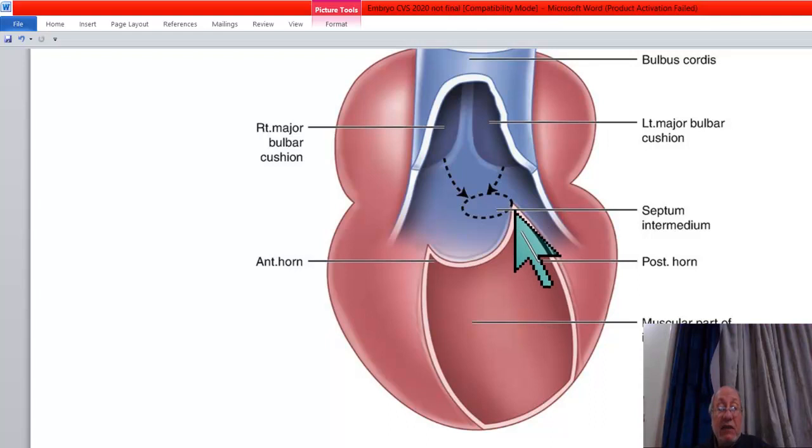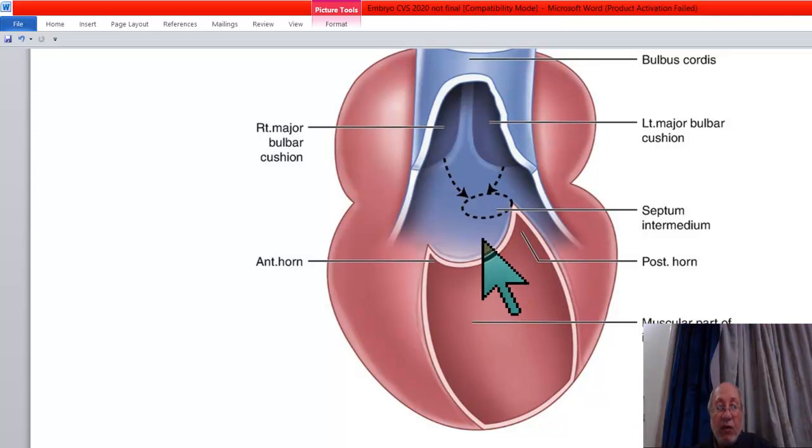It has a free crescentic cranial or cephalic edge, and it has two horns, dorsal horn and ventral horn, and this ridge grows cephalic toward the septum intermedium.